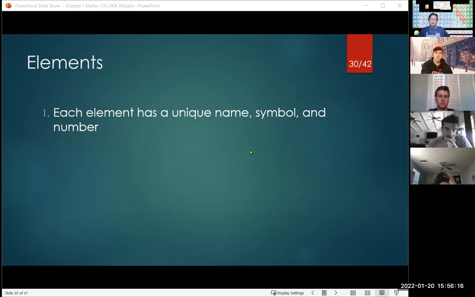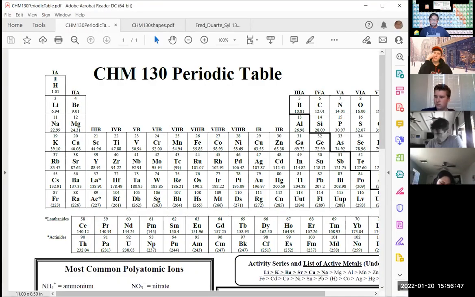All right. Now, let's talk about the elements themselves. Hopefully you've downloaded the periodic table, the one that we utilize. Each element has its unique name, its unique symbol, and its own number. So we have the periodic table here.